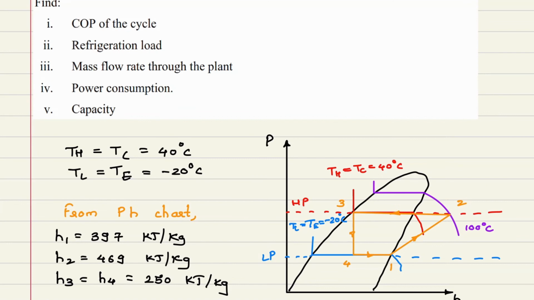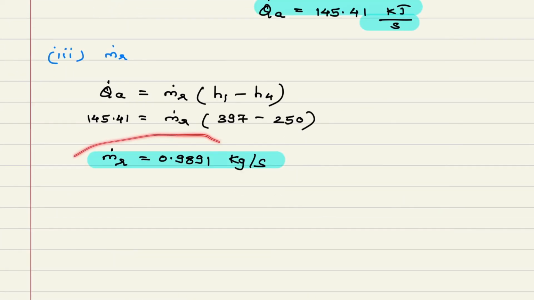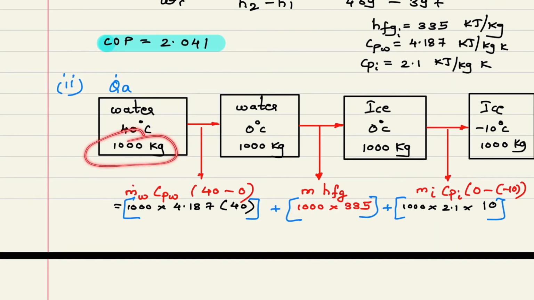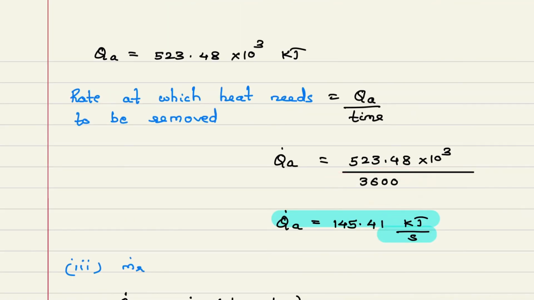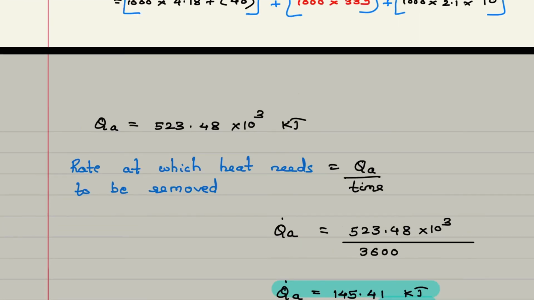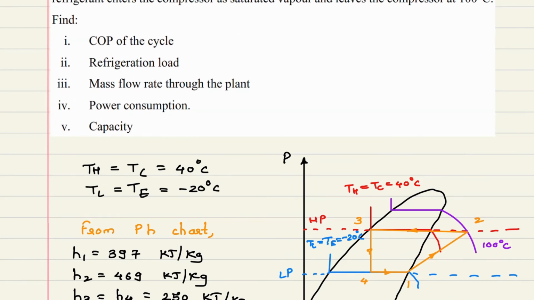Okay, for the given system, for the given pH diagram, if these conditions are maintained, and if we maintain 0.9891 kg of refrigerant per second in the cycle, in the evaporator, then only 1000 kg of water which is at 40 degrees Celsius will get converted to ice at -10 degrees Celsius in 1 hour. Okay, why? Because time we have taken as 1 hour. This is the meaning of this. So mass flow rate of refrigerant in evaporator, kg per second.